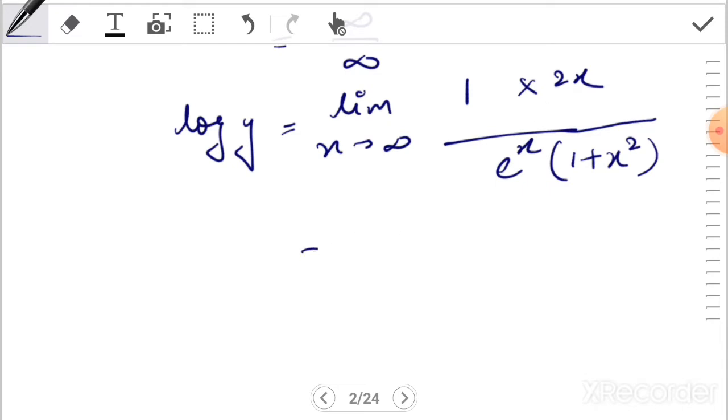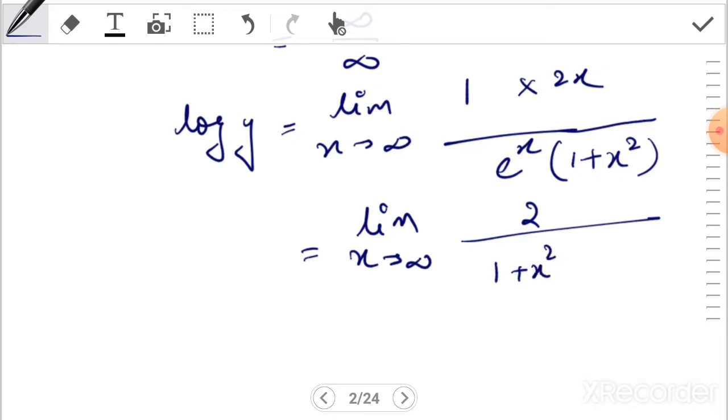So the limit as x tends to infinity of 2 by, now this is in the u into v form, (1 + x squared) e to the x, and differentiating gives e to the x and 2x.